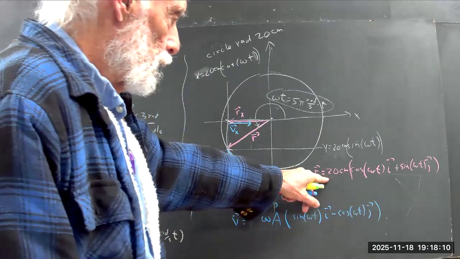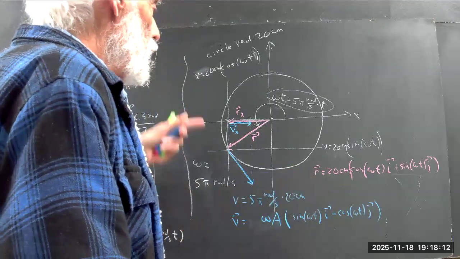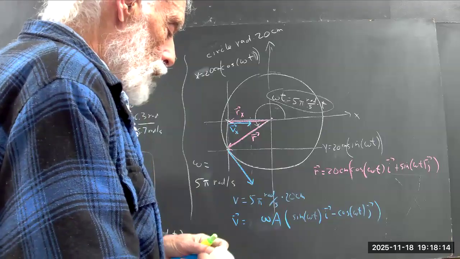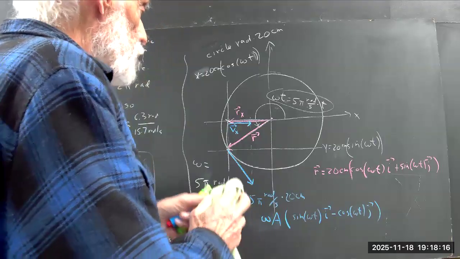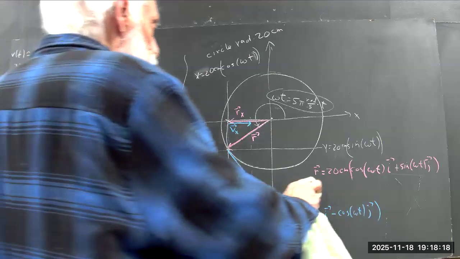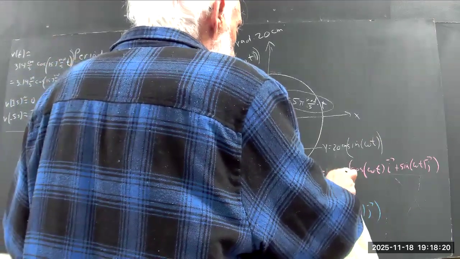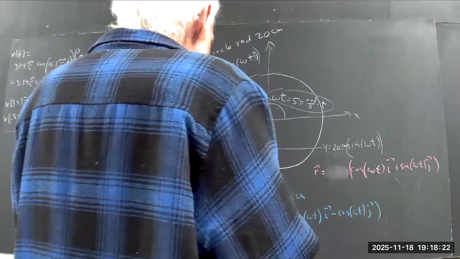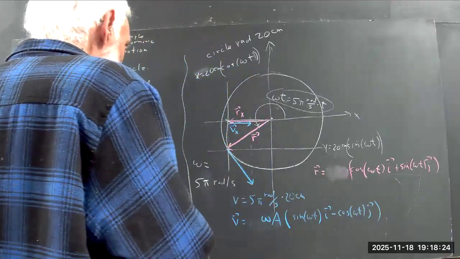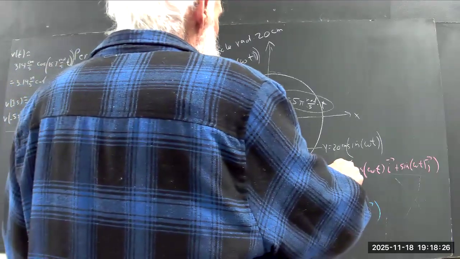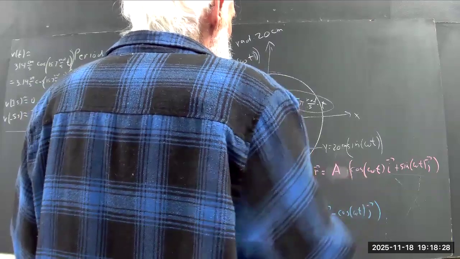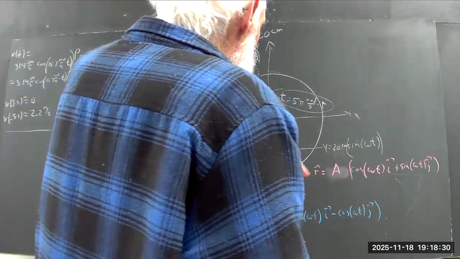Because here I've got 20 centimeters instead of amplitude. Well, I'm going to move away from our specific example. Instead of 20 centimeters, I'm just going to call that A.